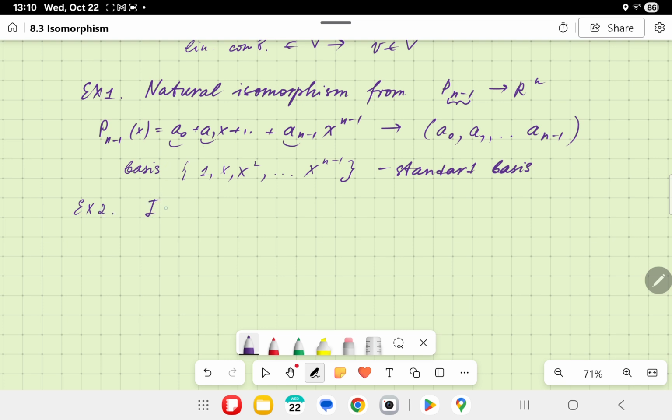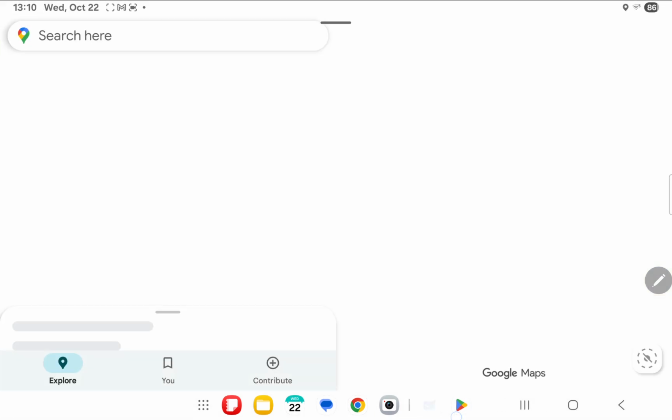Question: is T_A from R3 to R3, a matrix transformation with this matrix, going to be an isomorphism?